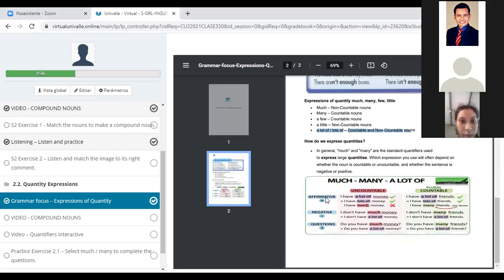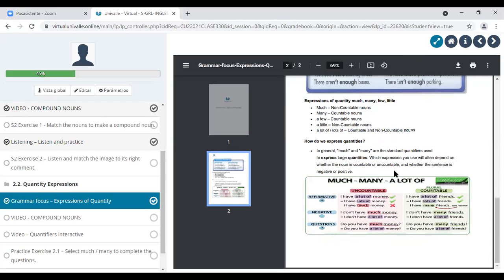And here, how do we express quantities? It means that in general, much and many are the standard quantifiers used to express large quantities. Which expressions you will use often depends on whether the noun is countable or uncountable, and whether the sentence is negative or positive.